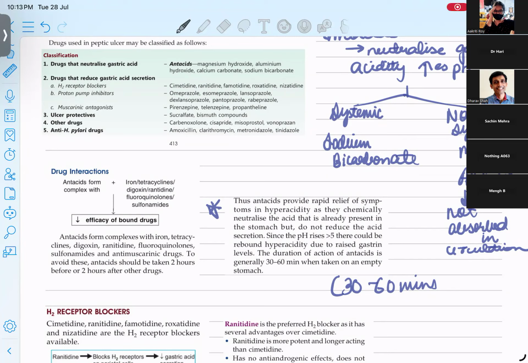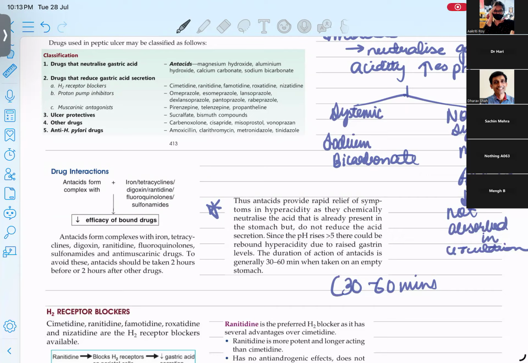And we also have to, while we counsel the patients of iron deficiency anemia, we always say that if you are taking food or antacids, then you cannot take iron medicines.